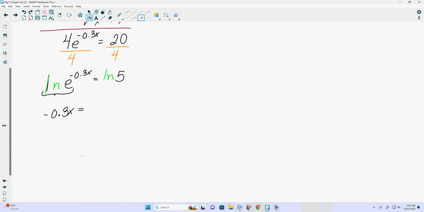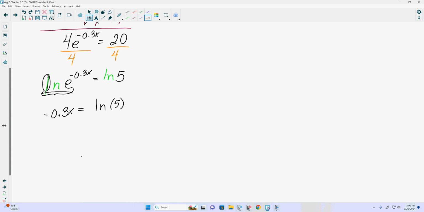Just negative 0.3x. I find that is an easy way to remember that ln of e is 1. So we get negative 0.3x is equal to the natural log of 5.